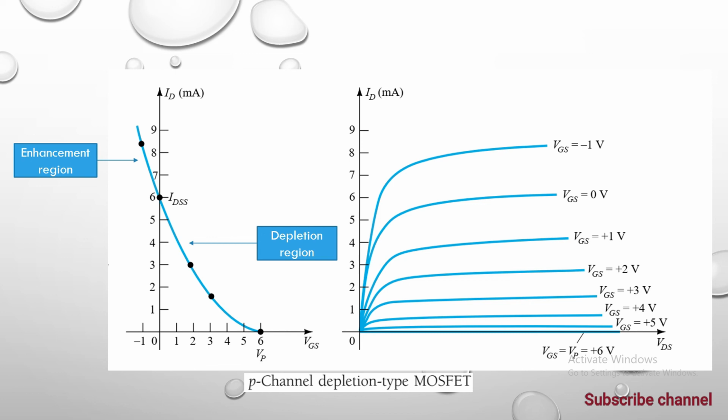When VGS is positive, the current increases, and we go to the enhancement region. And in p-type, there is a polarity difference. When VGS is negative, we go to the enhancement region, and the current increases. And this is the lecture about MOSFET. I hope you have understood.